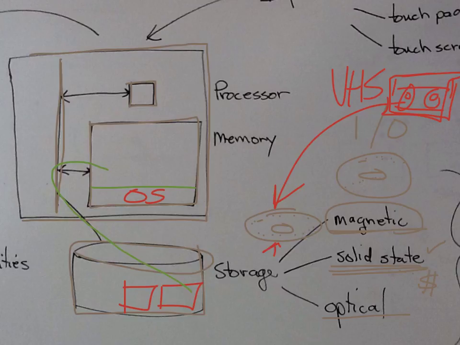And then you can load some software app. I'll make that in red too. Some app. It has instructions, and those instructions then go up to the processor, into registers, they're processed, and we send information back. Right? You can have data in here, what you're actually working on, and so forth.